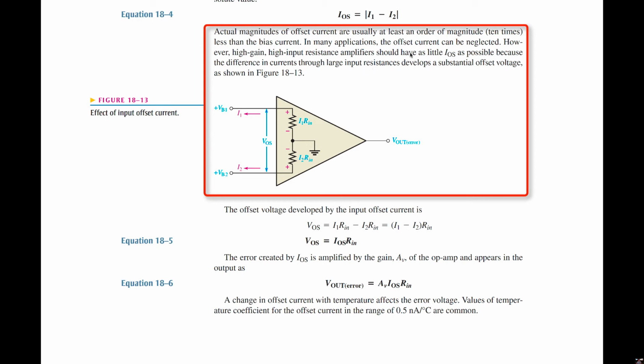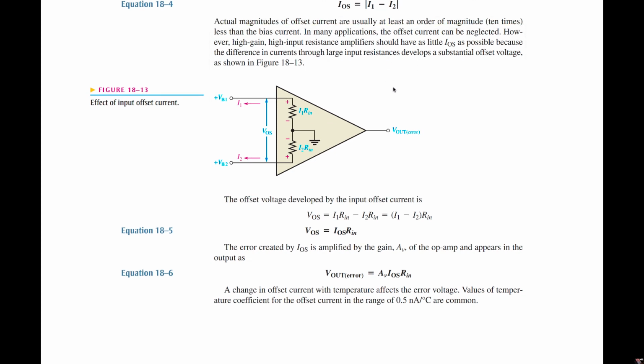In many applications, the offset current can be neglected. However, high gain, high input resistance amplifiers should have as little IOS as possible because the difference in currents through the large input resistances develops a substantial offset voltage. Look at the diagram below.